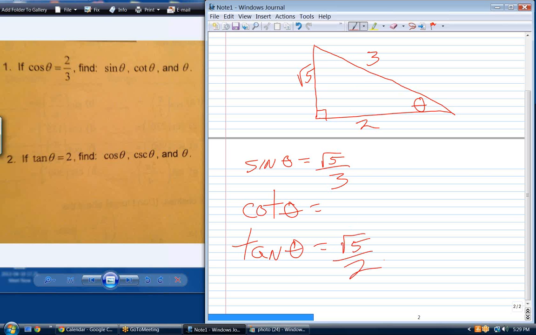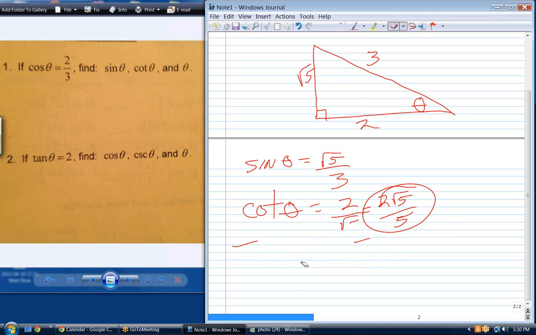Cotan of theta is what relative to that? 2 over square root 5. Exactly. Now that does need to be rationalized, so that's 2 root 5 over 5. So in other words, once we get this triangle dimensioned, we can tell all 6 trig functions with no problem.